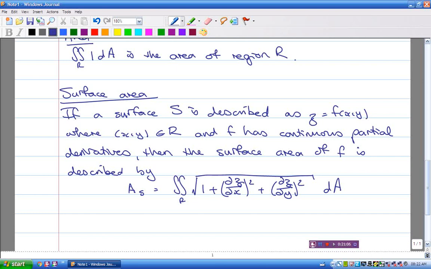You end up with a relationship between the area on the ground and the area of the actual surface, and that relationship is expressed with that square root. At the moment I'm giving that to you without proof, because the proof takes a lecture, and I'm saving that for later.